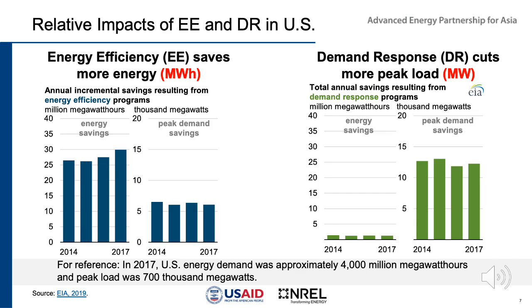It is very effective at saving peak demand, but has very modest impacts on energy savings overall. Again, we see that in the year 2017, approximately 12 gigawatts of peak demand was saved through demand response. When you compare that to the national peak load of 700 gigawatts, it may not seem that impressive, but like energy efficiency, these impacts build up over time in a cumulative way.